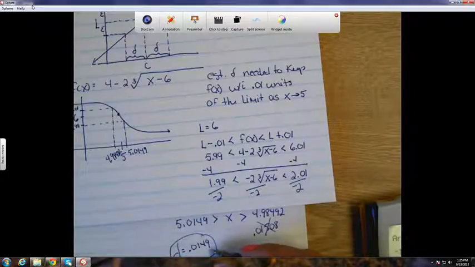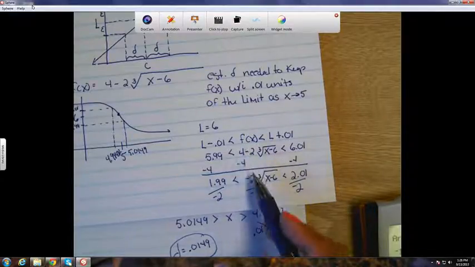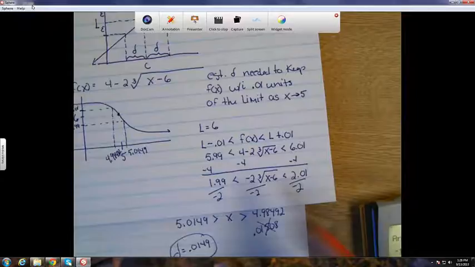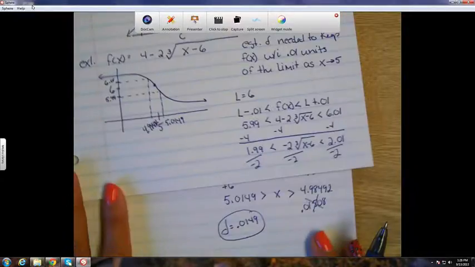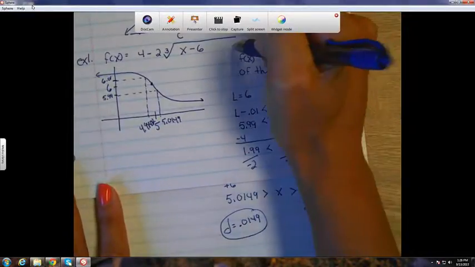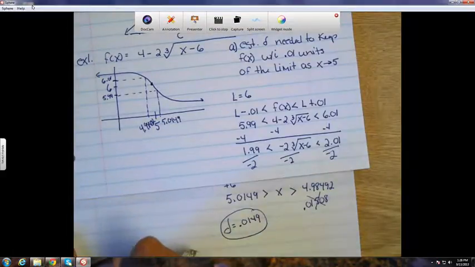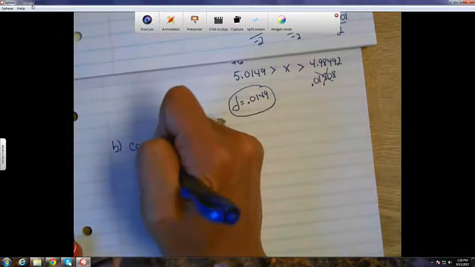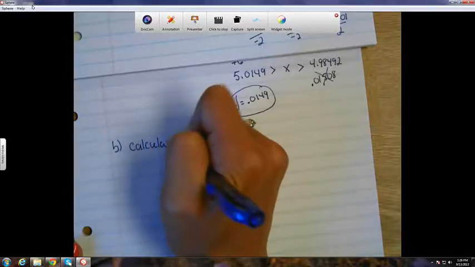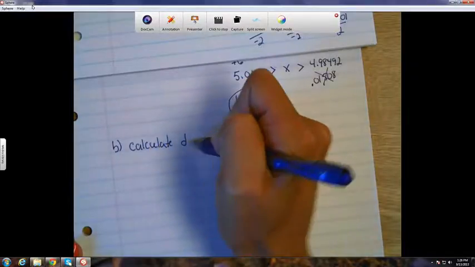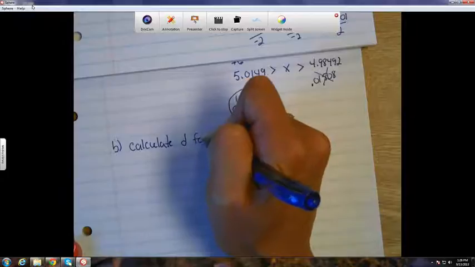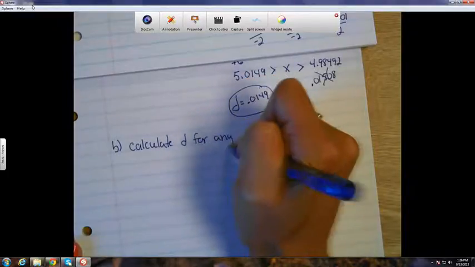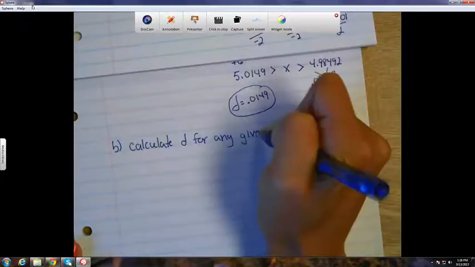Okay, so the process is the same as what we did in the last chapter, just the algebra is going to get a little trickier. Now the last part of this problem, consider that like part A, estimate delta. Part B now is to calculate delta for any given epsilon.